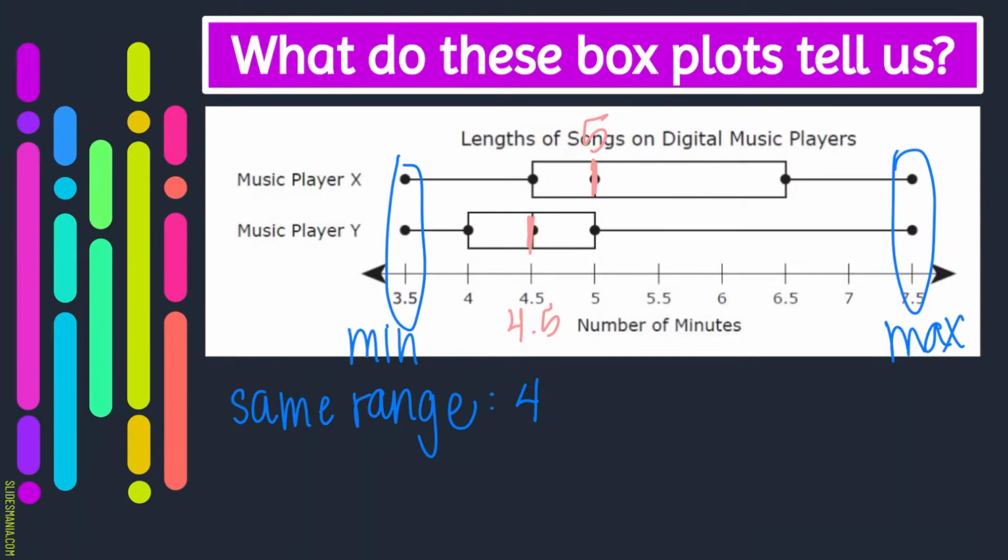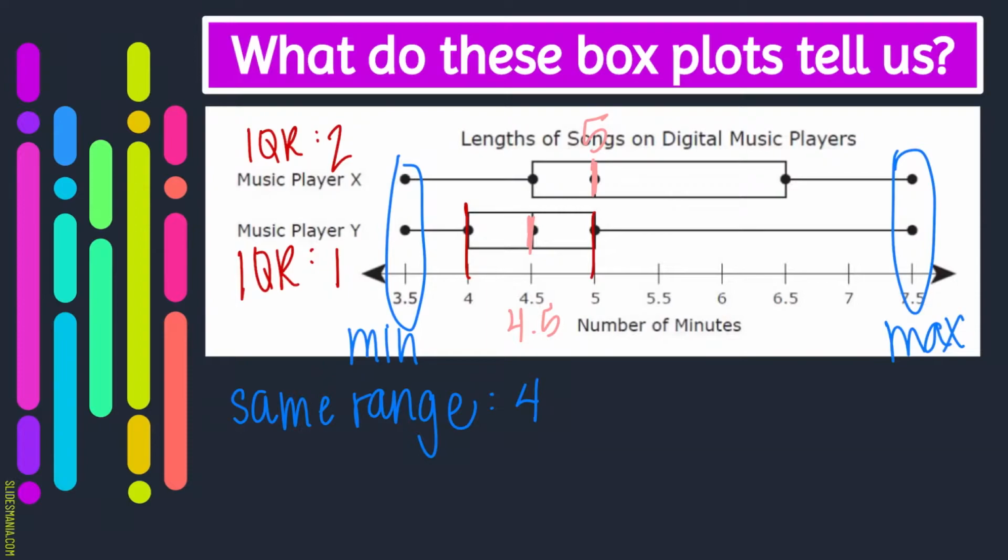And they're definitely going to have different interquartile ranges because player X's interquartile range goes from 4.5 to 6.5. So their IQR is actually 2. And music player Y goes from 4 to 5, so their IQR is only 1.